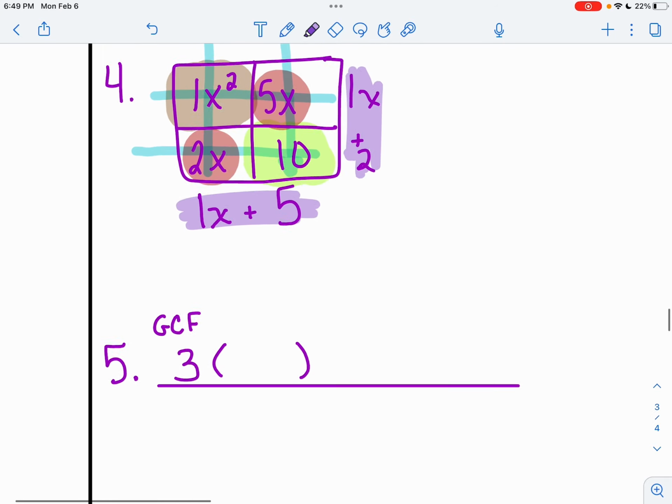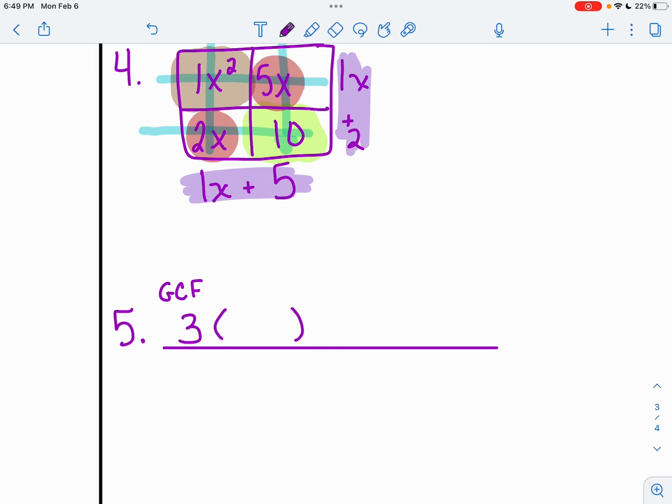So either 1x plus 5 can go first, or 1x plus 2. Please realize that in algebra, we do not write coefficients of 1s. So I have 3 factors. I have a 3, an x plus 5, and an x plus 2.